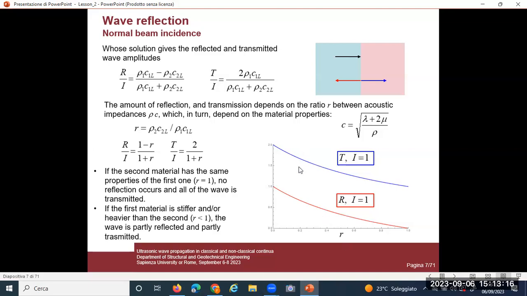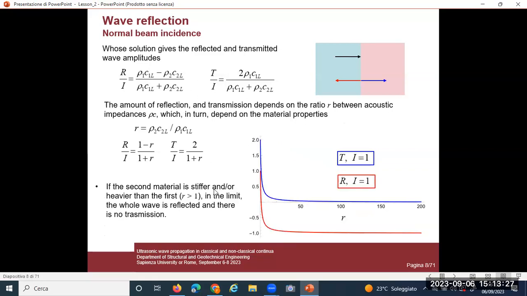And in that case, there is a ratio between transmission and reflection, which is determined by these ratios.